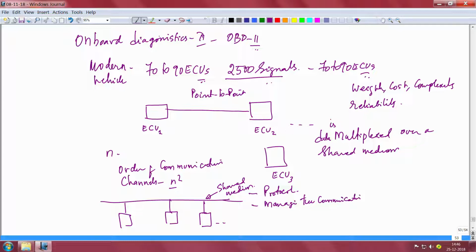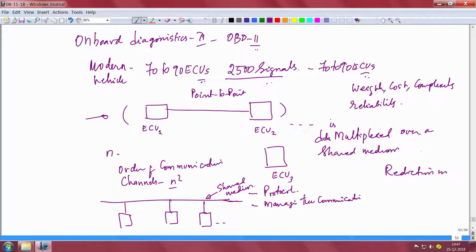Access to the bus, access to the channel, no access to the channel, and so on and so forth will all have to be looked at. All of this means if you move away from this point to point connection to this kind of shared medium, you see the reduction in, what?